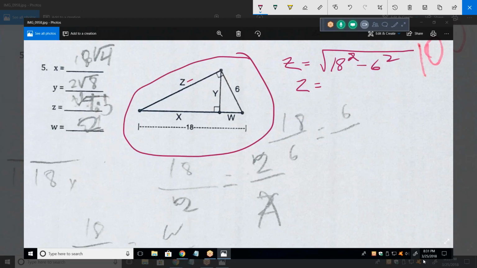So it would be 288, and that square root would be about 17. First of all, is that okay? Is that too big a number or too small a number? It's not too small and not too big. Yeah, it's got to be smaller than 18 because the hypotenuse is always the longest side of a triangle. So as long as it's smaller than 18, it's reasonable. Now let's look at what we have.